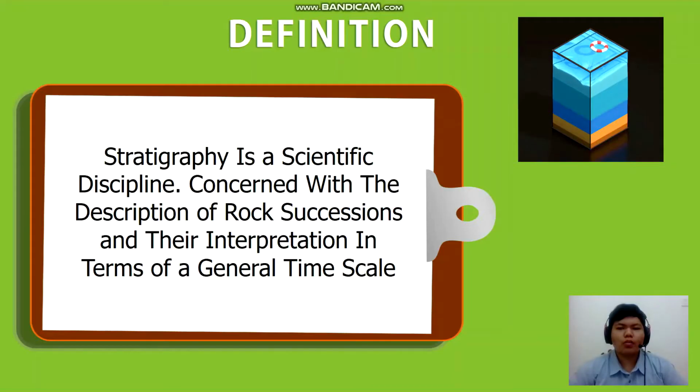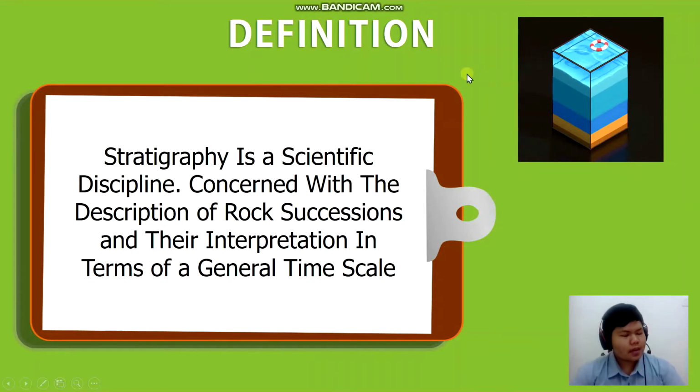So to begin our presentation, we will begin by understanding the definition of stratigraphy. The most accurate definition for stratigraphy is a scientific discipline concerned with the description of rock succession and their interpretation in terms of general time scale.